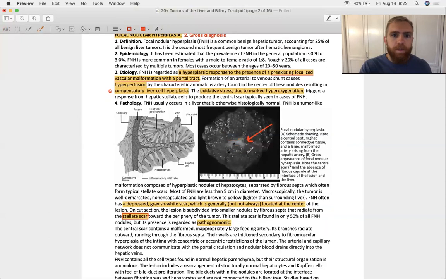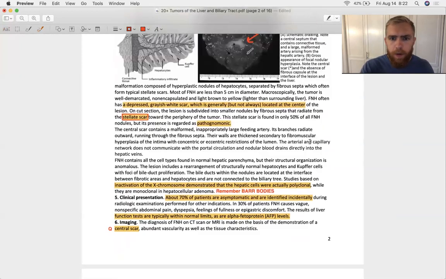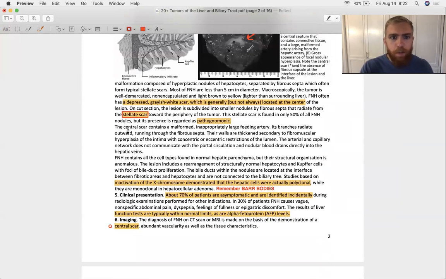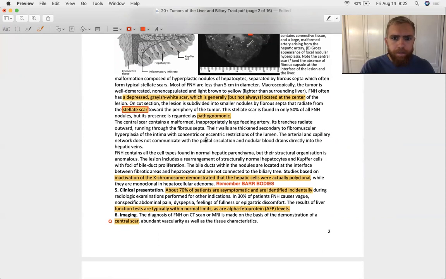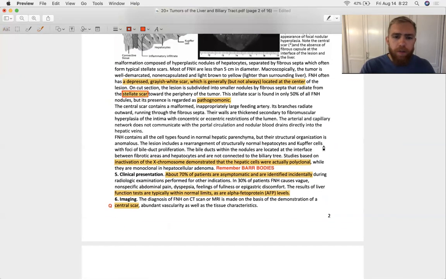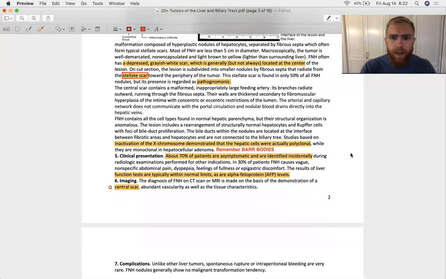What's the mechanism? Hyperperfusion because of a natural vascular malformation. Here in the SDL, it's described as a depressed grayish white scar, generally but not always located at the center of the lesion. It's a stellate scar. It's pathognomonic again.